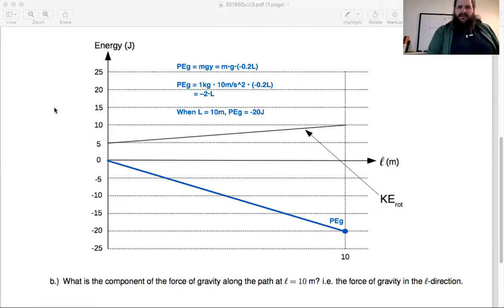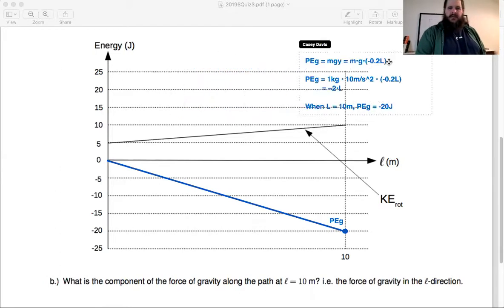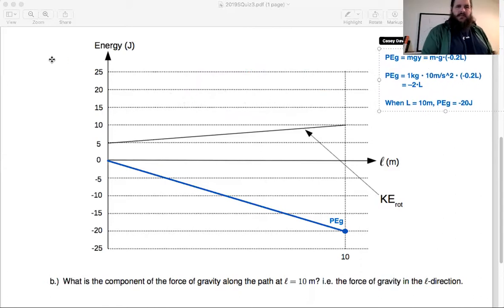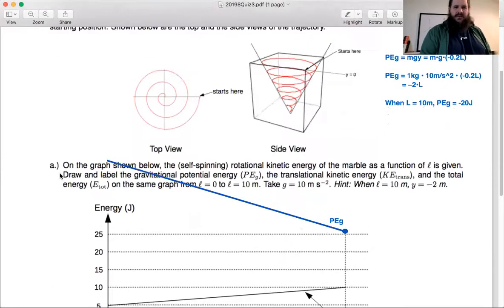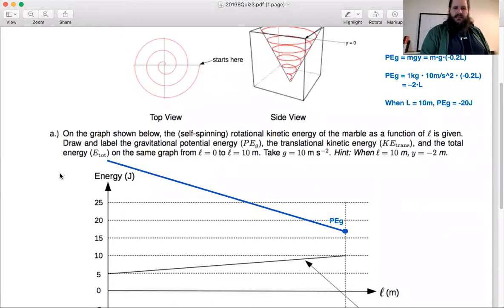And for that, as I said earlier, we can find the kinetic energy translational by just taking the total energy and subtracting everything else. Do we know the total energy here? Did this say anything about total energy up here? I don't think so.